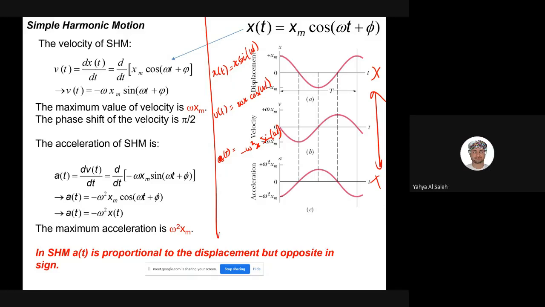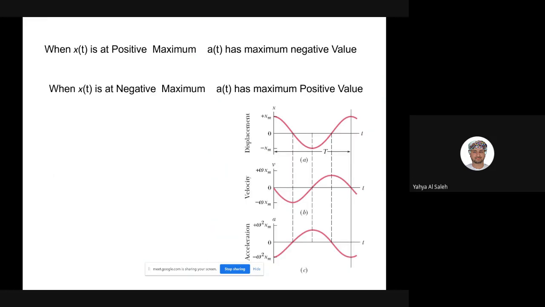Doctor, how can we calculate the phase shift? Very good. Calculating the phase shift is exactly like how we calculate the C constant in integration. We need initial conditions to find it.